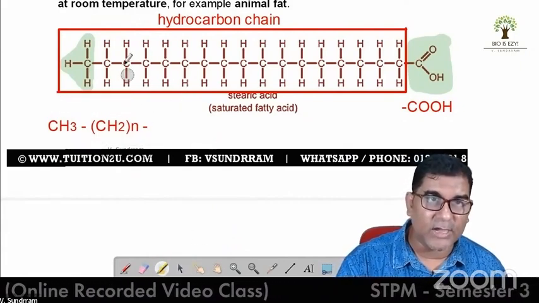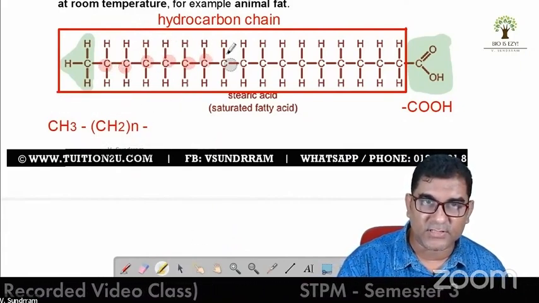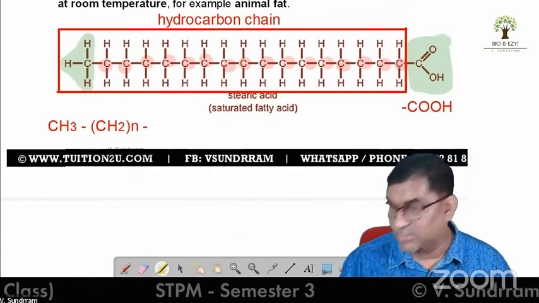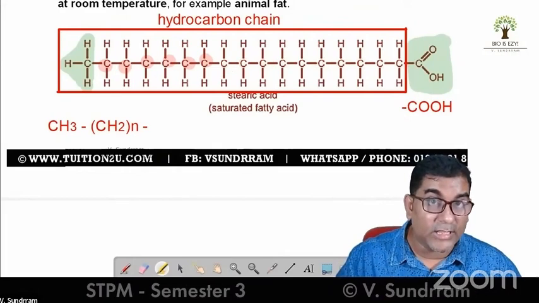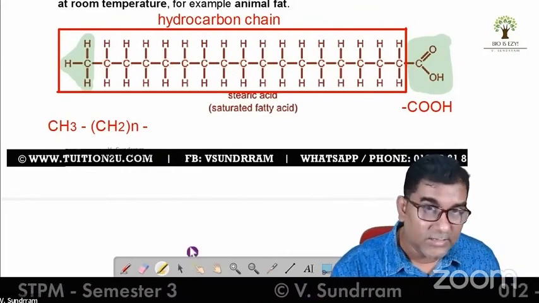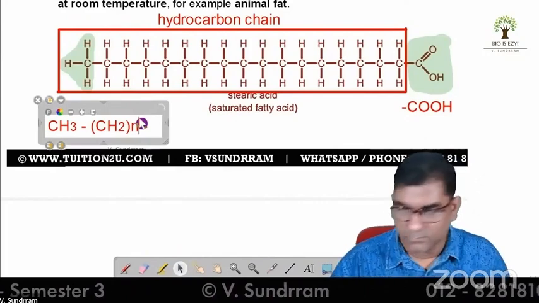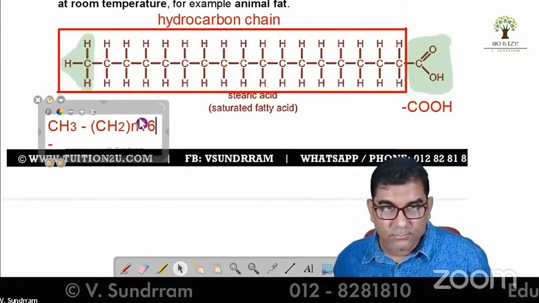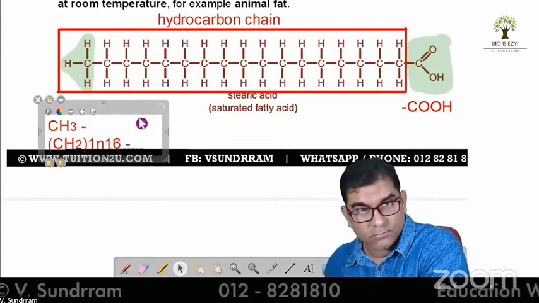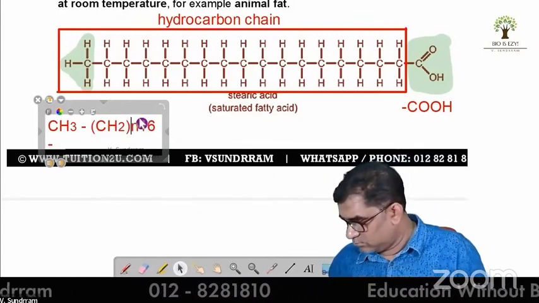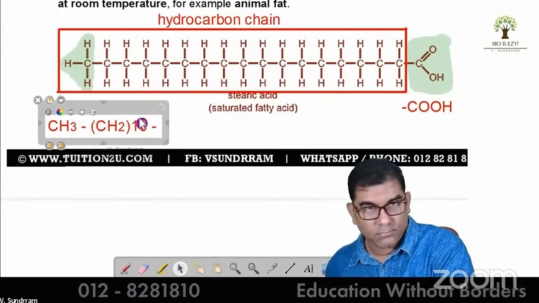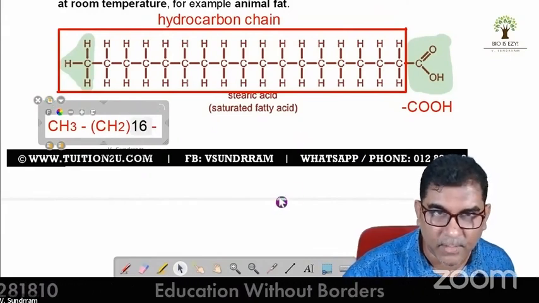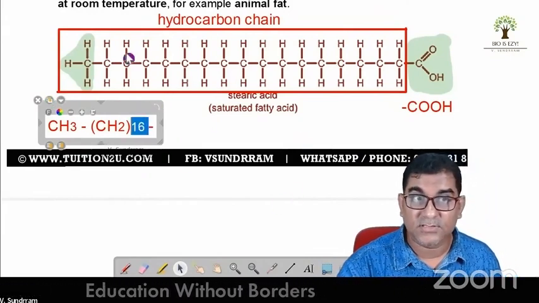For example, if I count here: 1, 2, 3, 4, 5, 6, 7, 8, 9, 10, 11, 12, 13, 14, 15, 16. If I want to label this one specifically, the n I have to change to 16, because there are 16 CH2.